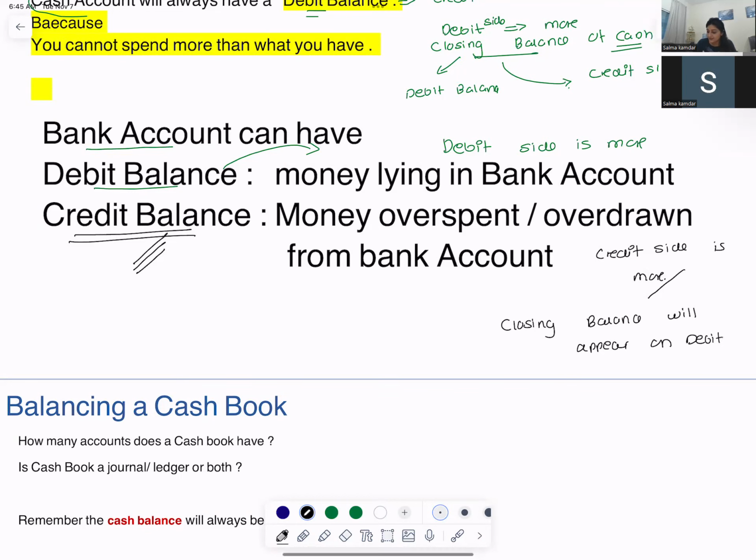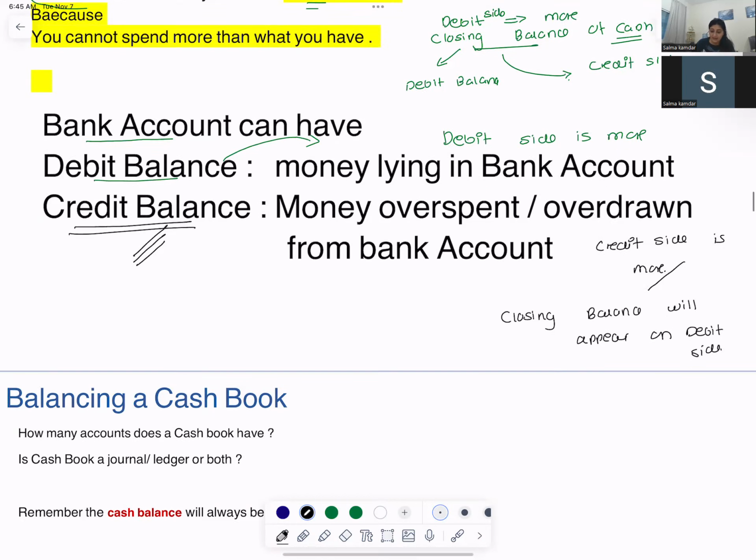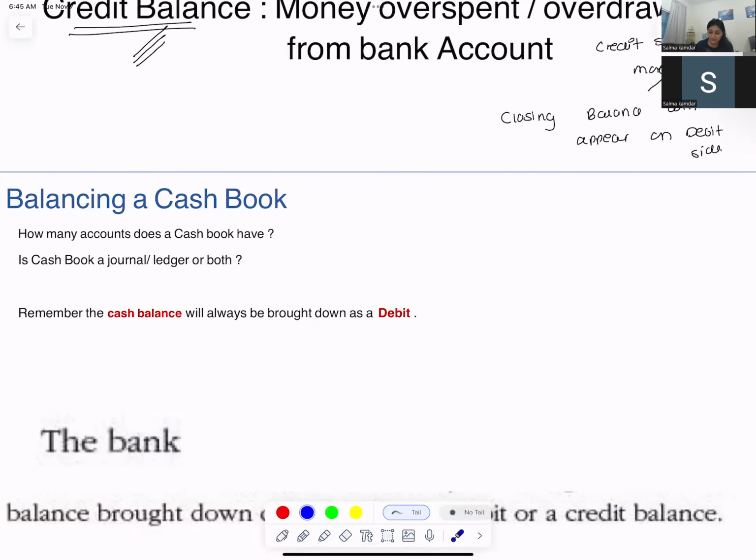So let's recall how many accounts does a cash book have? A cash book has three accounts. One is the discount account. Second account is the cash account. And third account is your bank.